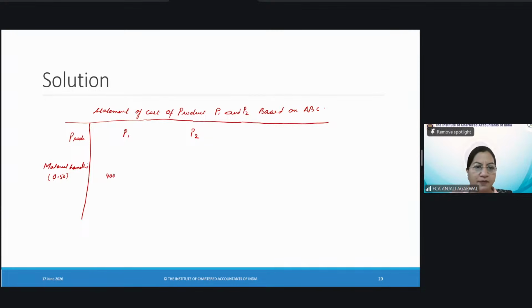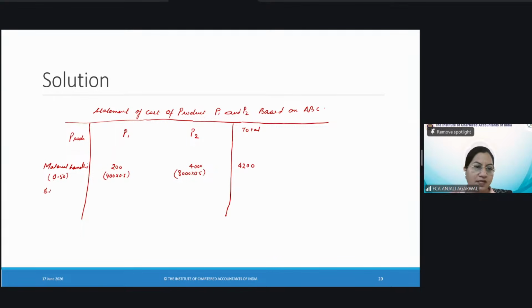So you will multiply here in bracket 400 into 0.5. Material handling basis was number of parts. 400 parts were used for product P1 and 8,000 parts were used for product P2. So this is how the total of 4,200 is divided amongst P1 and P2.